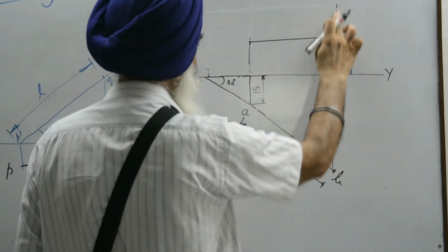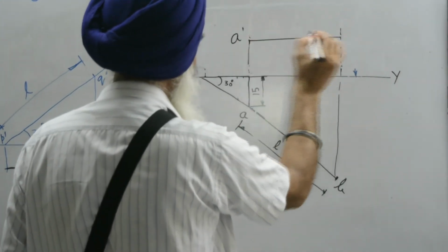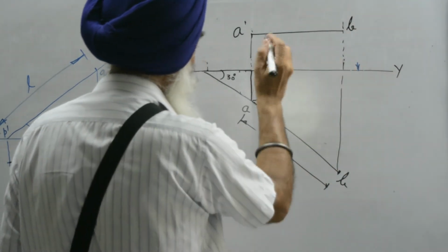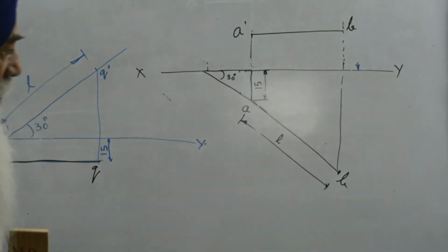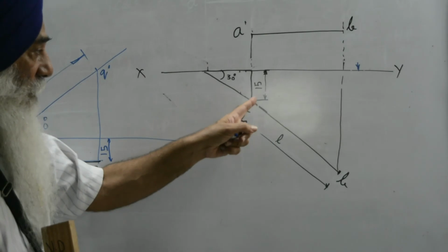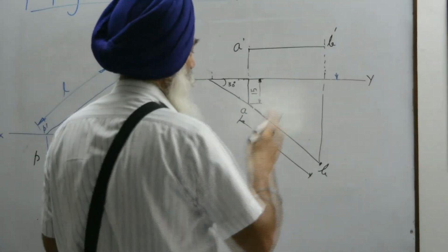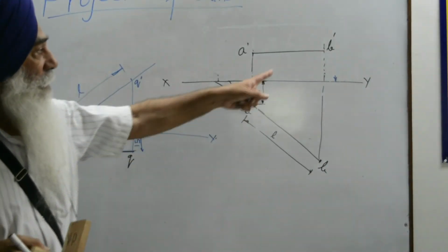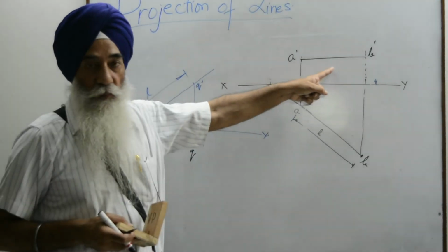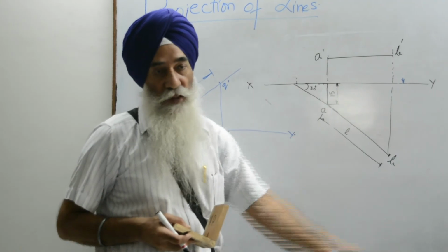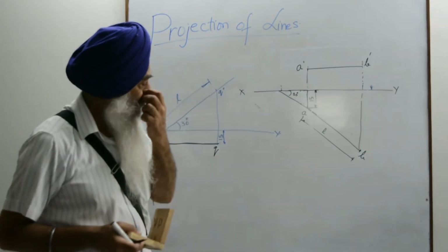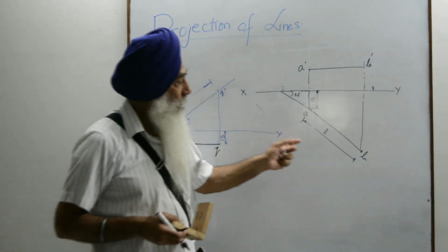So this is the projection of line A dash B dash of this line. So when one edge is over here, these are the projections of line AB in the front. So these are the cases of lines. So again, for this, it is very simple and easy.